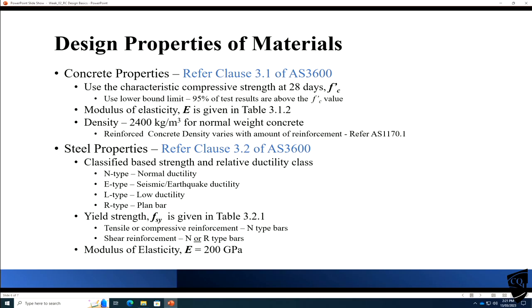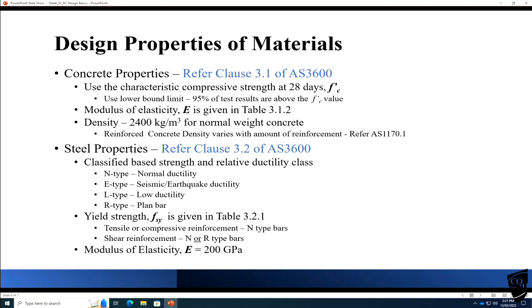And we may also come across R-type for shear reinforcements. It's a plain bar, there are no ribs, but the reinforcement normally has ribs. You should know that one. So in Australia the N-type bars normally started to come into the market from the early 2000s.